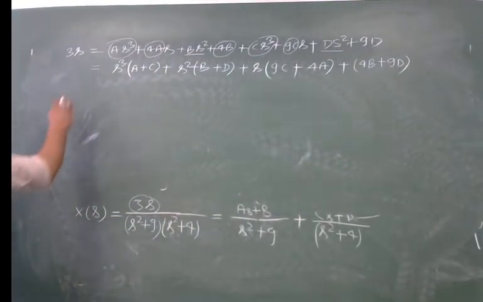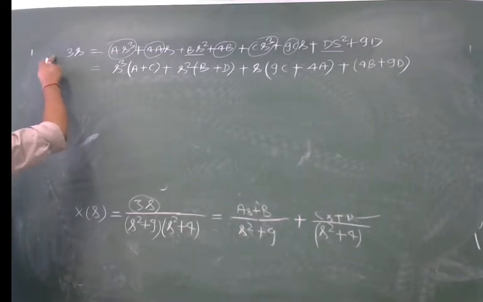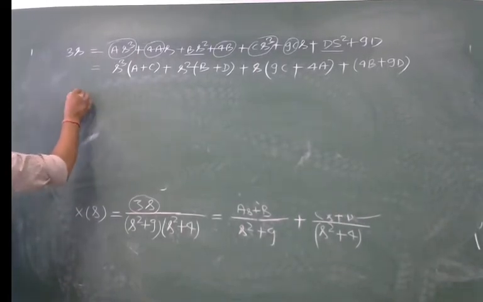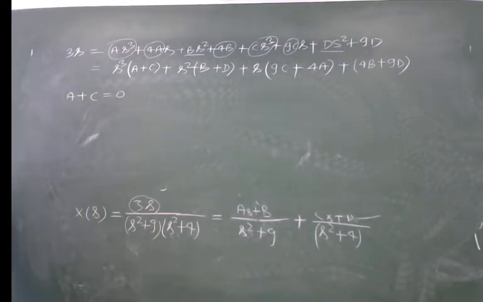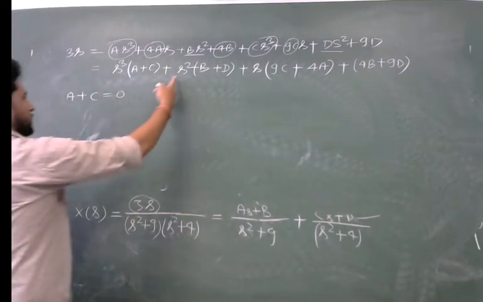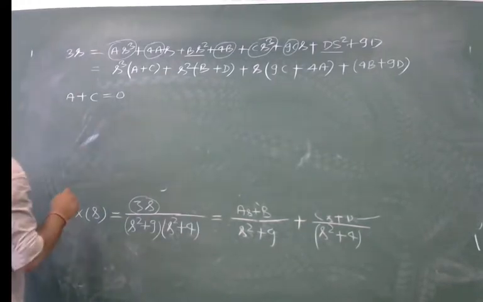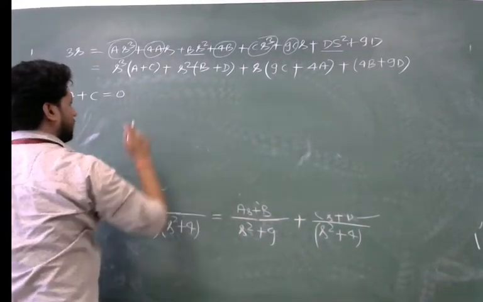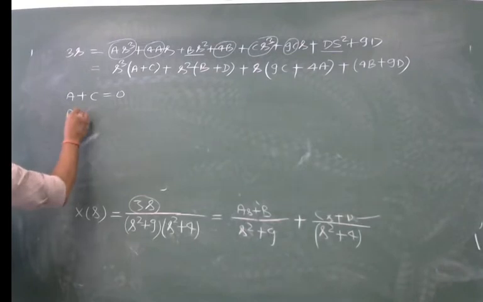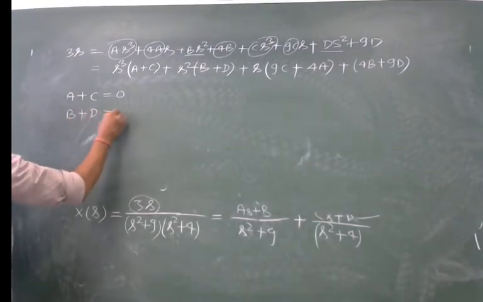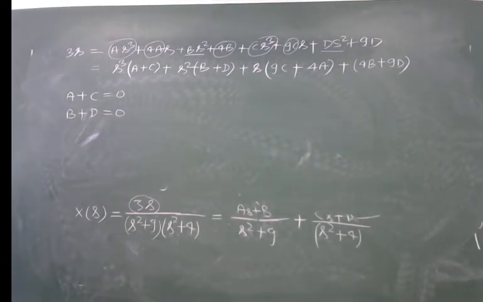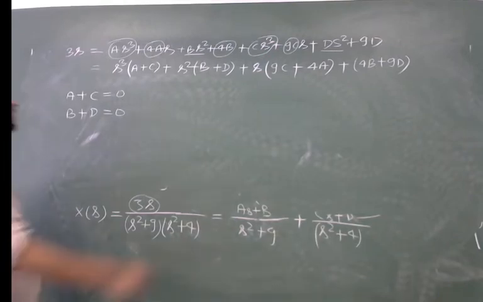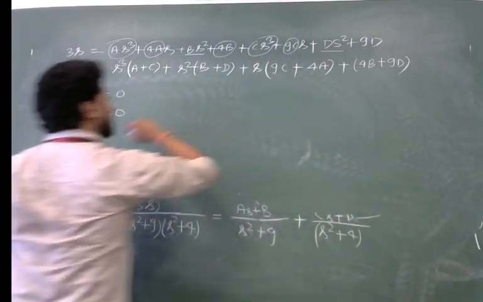Now compare the power of s on both the sides. s cube is not there on the left side. It means that the coefficient of s cube, a plus c, will be equal to 0. Now s square is also not there on the left side. It means that the coefficient of s square will be equal to 0, so b plus d will also become 0. Now the coefficient of s power 1 is 3 here, so the coefficient of s power 1 will also become 3.